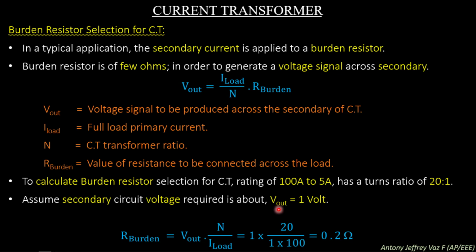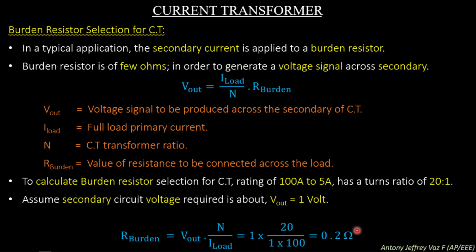We substitute 1 volt, and the turns ratio of a 100 to 5 amps current transformer is 20:1, so 20 divided by 1. The load current is the full load primary current, the maximum current the bus bar is going to carry, so this is 100 amps. Then we can calculate the burden resistor of 0.2 ohms.